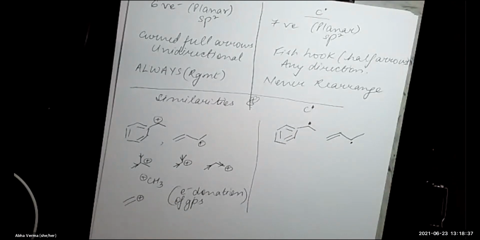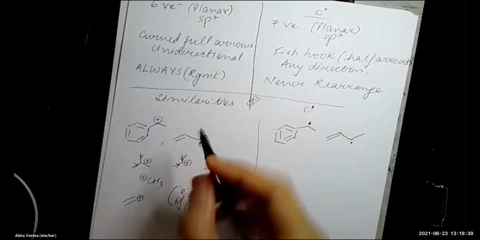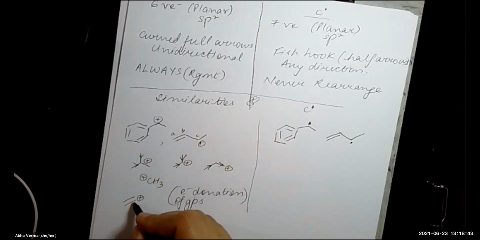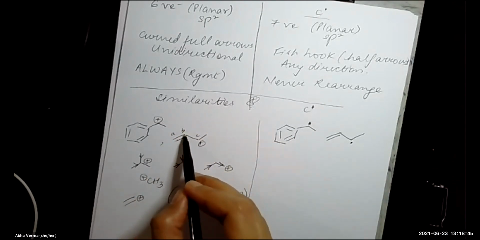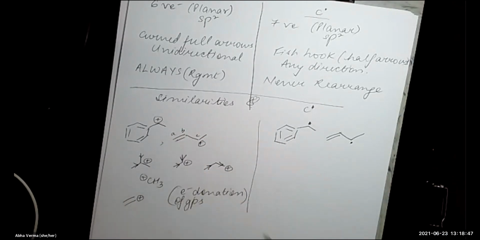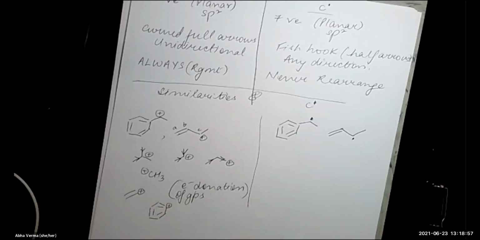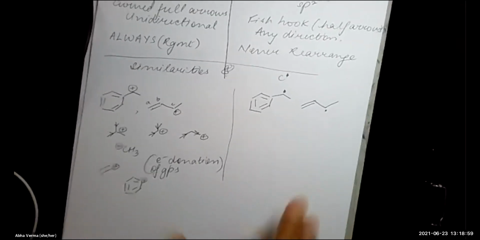This is allyl; this is vinyl, when your carbocation is right on the double bond. So the vinyl and the phenyl are the most unstable kind of carbocations, and we'll see they are very unstable radicals also.